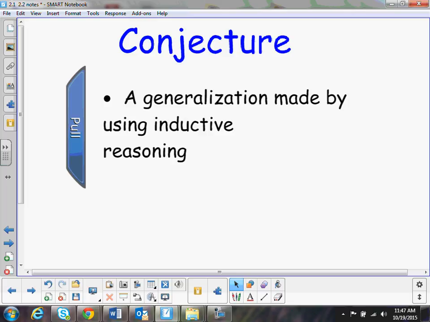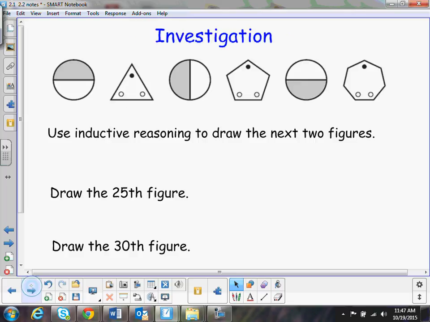They figured out that a squared plus b squared equals c squared all the time, after doing so many different investigations. So that was their conjecture, and then they turned it into a theorem. So being able to come up with conjectures, or knowing what that means.